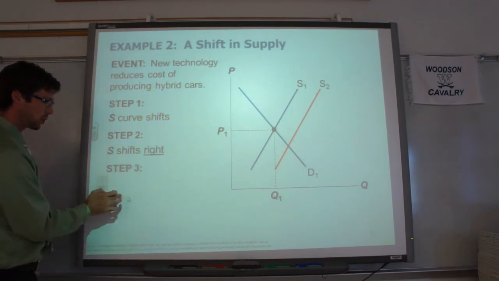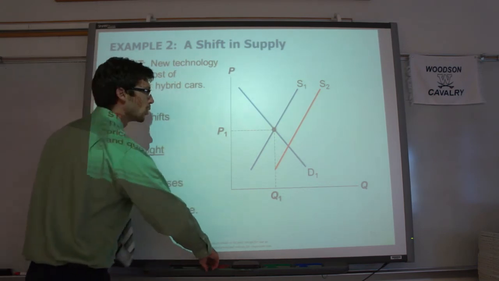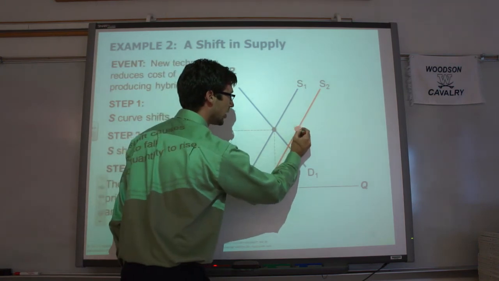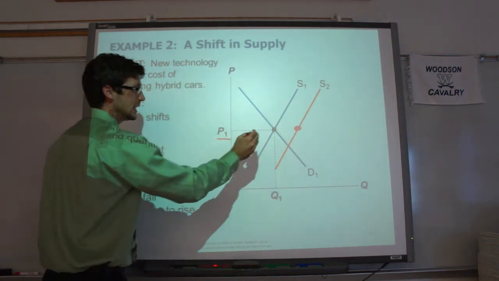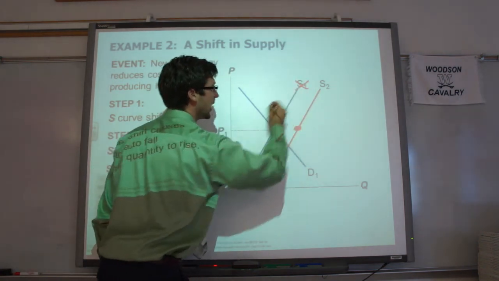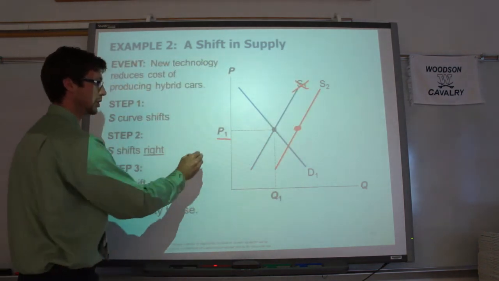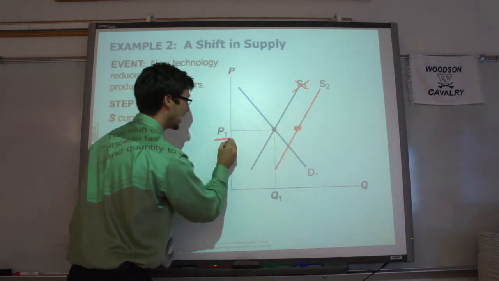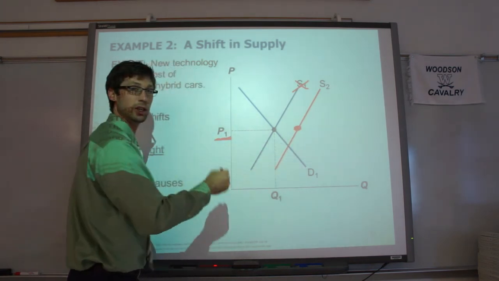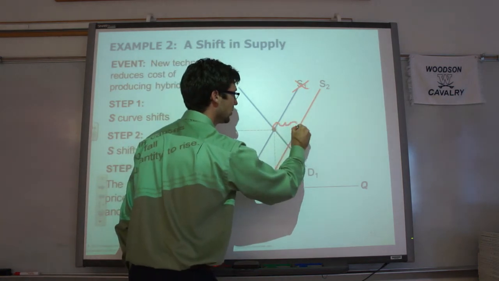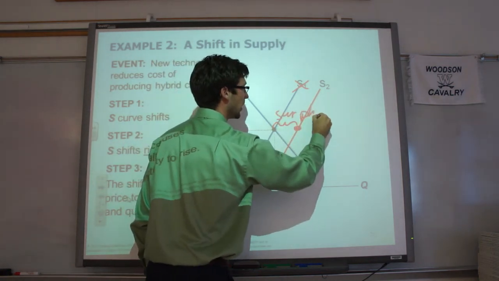So now the question is, what happens to price and quantity? Well, as you can see here, if this is the price, this is their ability to supply now. They're willing and able to supply this many units at that price. But demand for that good just doesn't exist. You would say this is a surplus.